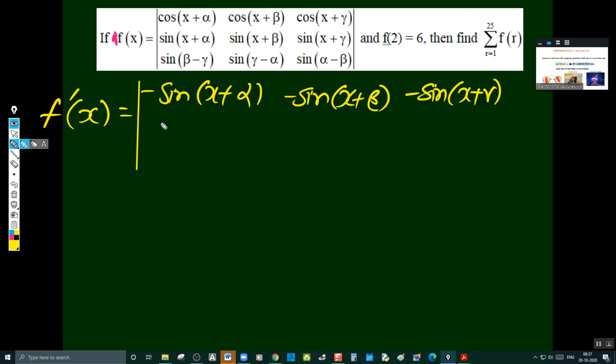Now the second row and first row are same. I need not write the rest of them. You can understand this part becomes 0.